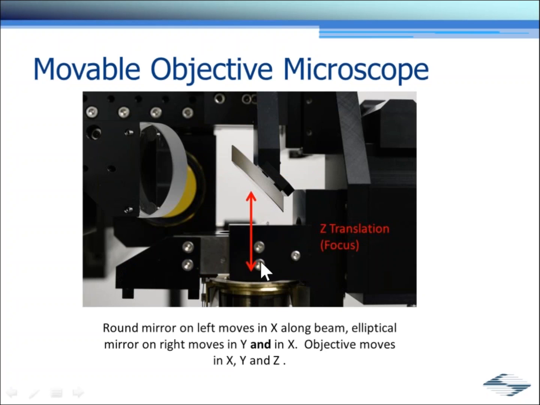Furthermore, the objective can be moved in relation to this mirror to give us Z translation, which is our focus. If you imagine these arrows are intended to be in and out of the screen, these three components can all move back and forth together, which would then give us our Y translation.